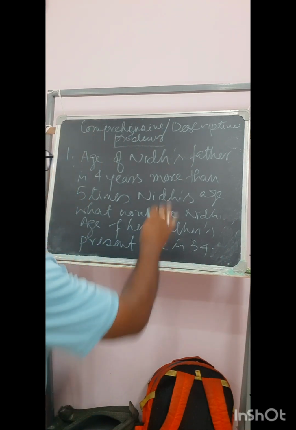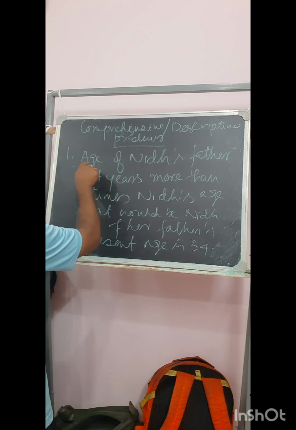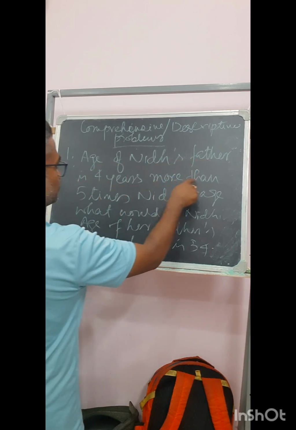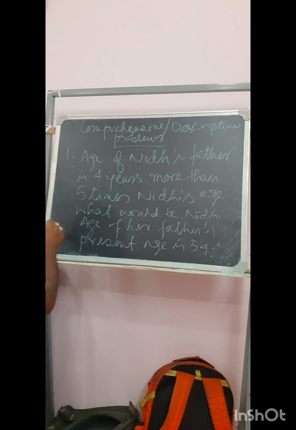So there are two characters, Nidhi and Nidhi's father. They said that the age of Nidhi's father is 4 years more than 5 times Nidhi's age. So if I take Nidhi's age as n and her father's age as f, how is it related?